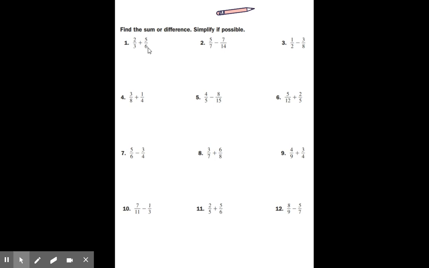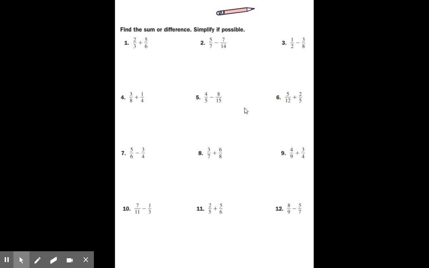So please pay attention to our denominators. If your denominators are factors of one another in any way, you usually just have to change one of the fractions to its equivalent fraction with a common denominator. Okay, does that make sense?